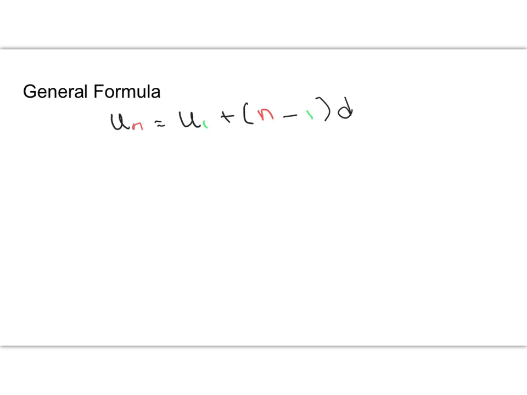But notice how n here and here are the same color. This is my nth term. And here, this one is the same color as that one. U1 is my first term.